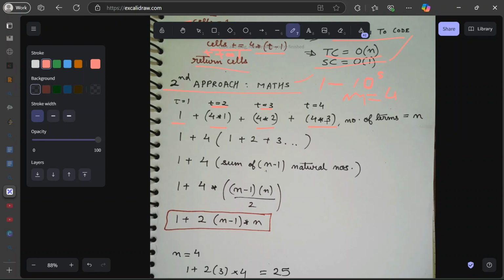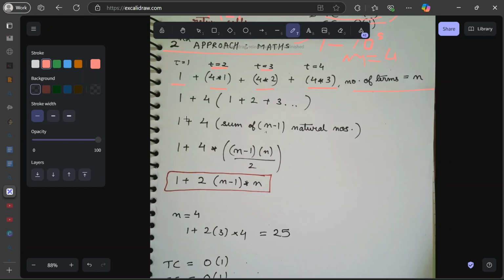So let's see if we can do a mathematical formula optimization from here. Number of terms is n. So by taking 4 common, we can see that this comes out to be sum of n minus 1 natural numbers, because n is 4 here and we have 1 plus 2 plus 3.